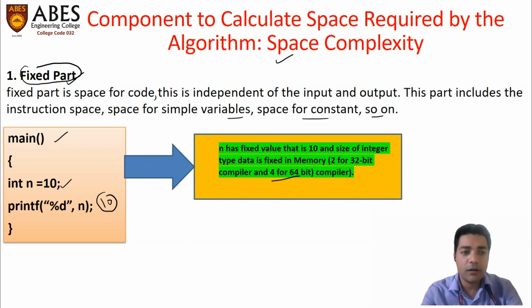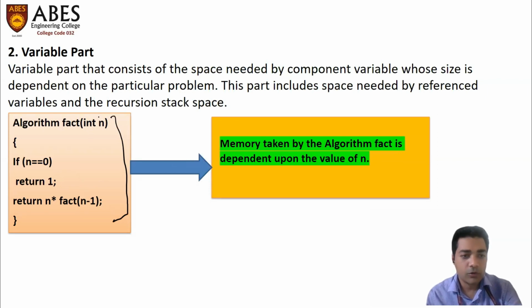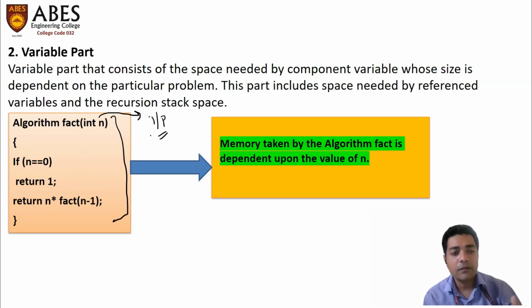So what is dynamic in nature? Moving on, what is the variable part? Again, let me directly go to the code. We are just writing the factorial of a number. Depending on the input, it is determined how much time this program is going to run.